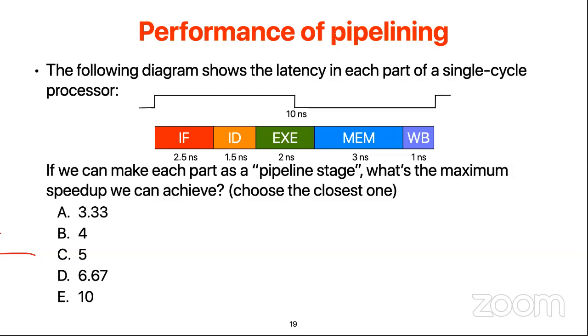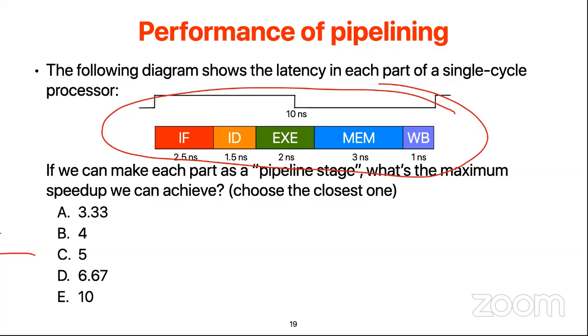Yeah, but given the stuff that we have in this processor, does that apply? No, because the stages are different times. Right, so what does that mean? How do you get the answer?